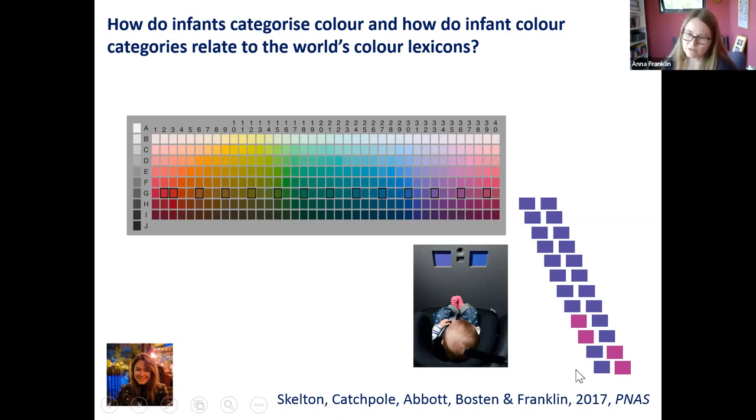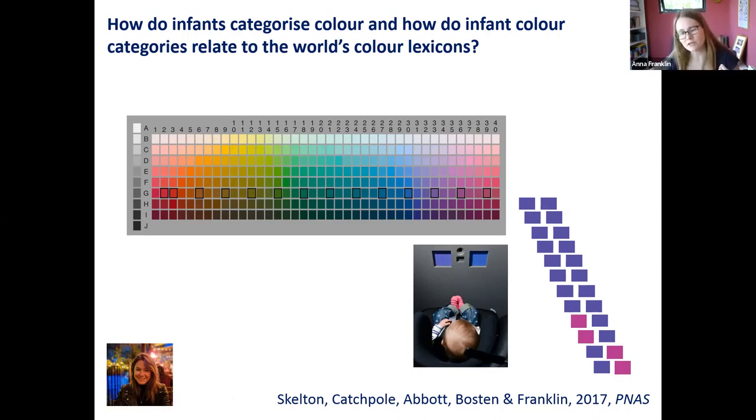Novelty preference is a well-established method in infant science. The general idea is that you show one stimulus repeatedly, and the more you show it, the less the infant looks because they've encoded it. And then you pop in a novel colour and you look to see how long they look at that novel colour. Now, if they look longer at the novel than the familiar colour, then their colour memory must be distinguishing those two colours.